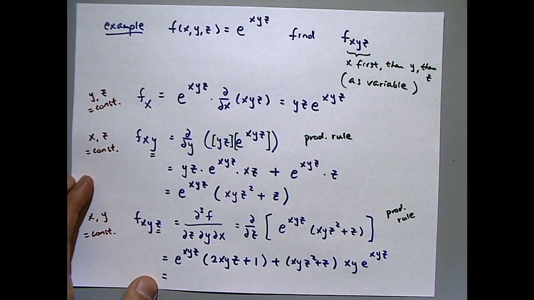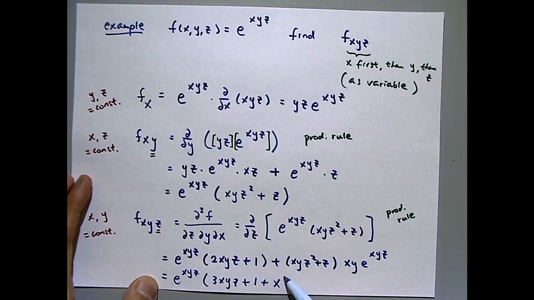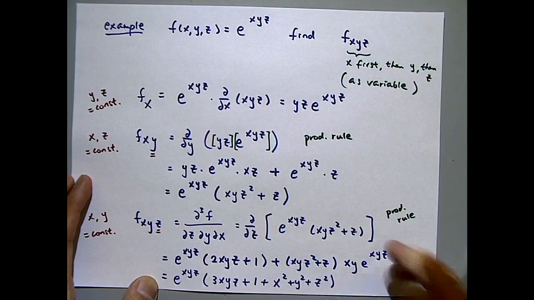So this gets a little bit messy, but what you can do is factor out the e to the xyz, and then just simplify whatever's left. You should get 3xyz plus 1 plus x squared plus y squared plus z squared. Wait a minute.